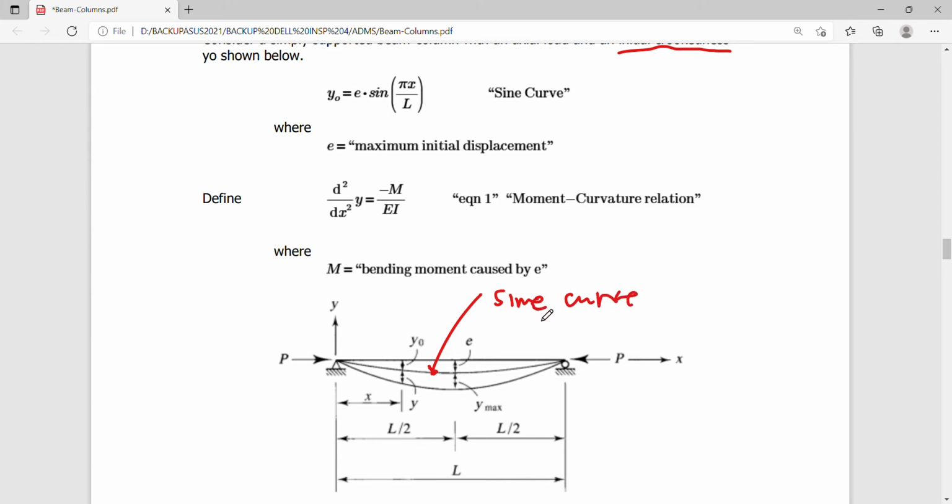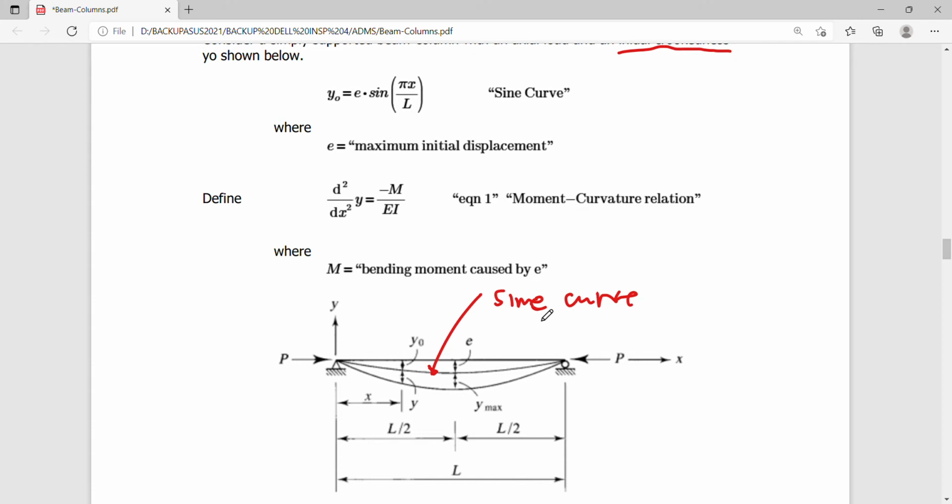So this is how Euler differentiates buckling from simple bending moment. Now the approximation function considered for your elastic curve is a polynomial curve rather than a sine curve.